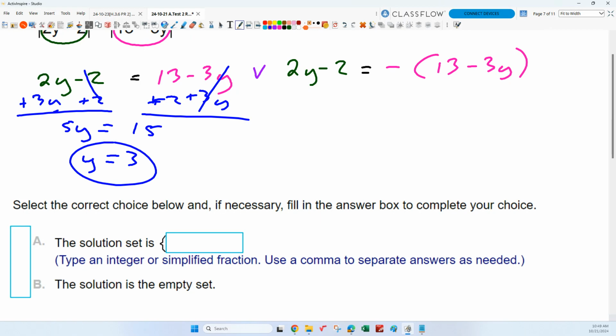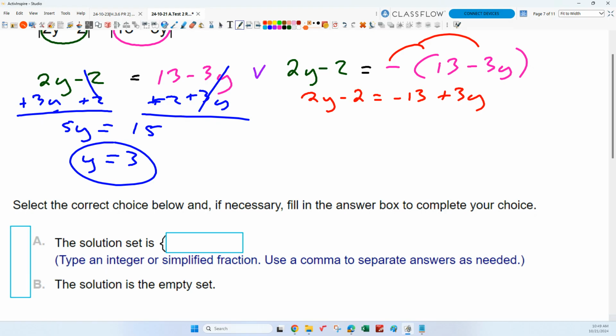Or the other one, what would I do first on this one? Good, distribute. So we get the equation 2y minus 2 equals negative 13 plus 3y. So this time where are we probably pushing the y's? Doesn't matter, but probably a little easier to push them to the right so we get a positive number.